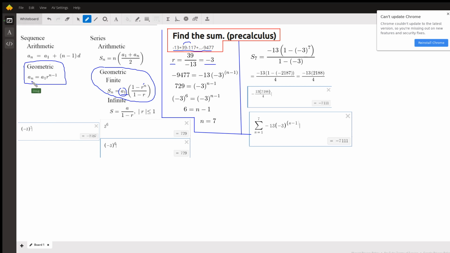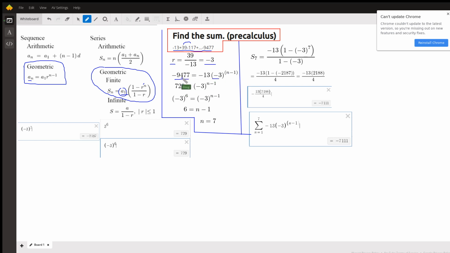We know that a sub n, the nth term, is -9,477. So here's a sub n is equal to the first term times the common ratio raised to the n minus 1 power.